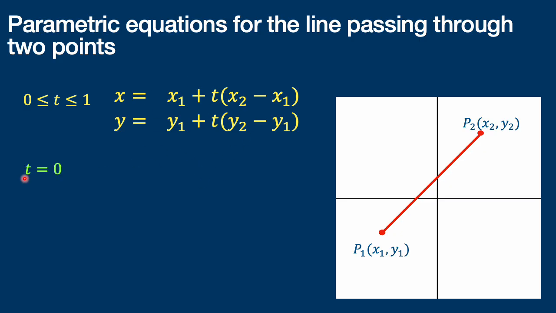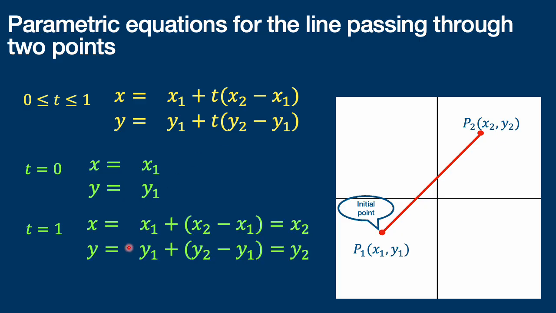So what does this parametric equation represent? When you plug in t equals 0, the meaning is x equal x1, y equal y1. That represents P1, the start point. T equal 1, you plug in the 1 here. x1 plus (x2 minus x1), x1 is cancelled out, x is going to be x2. y is going to be y1 plus (y2 minus y1), y1 is cancelled out, you have y2.